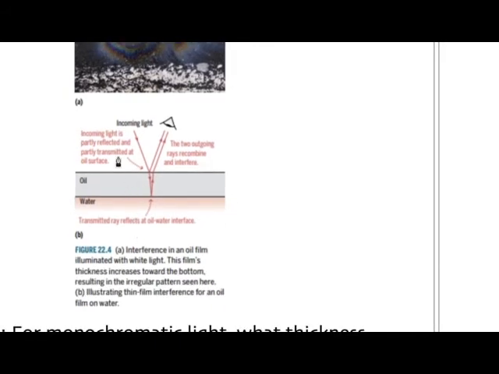So here's a kind of diagram which shows one wave has a shorter path length than the other wave. The second wave traveled farther by an amount 2 times the thickness of the oil.